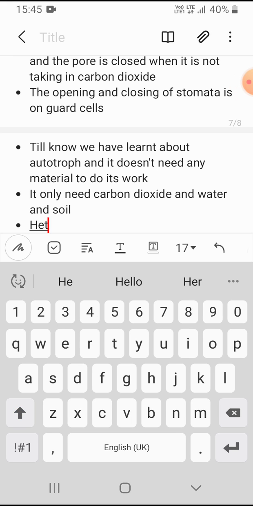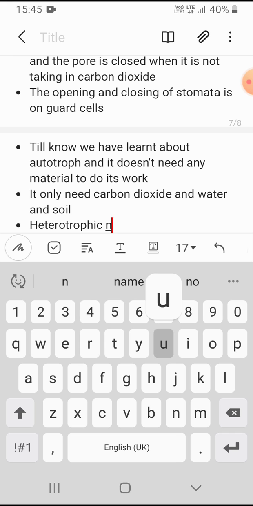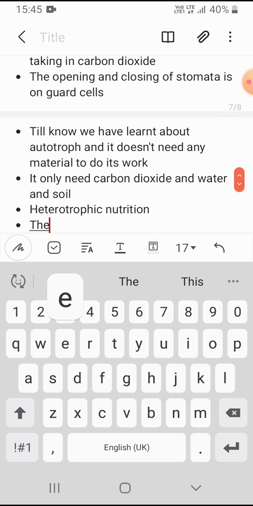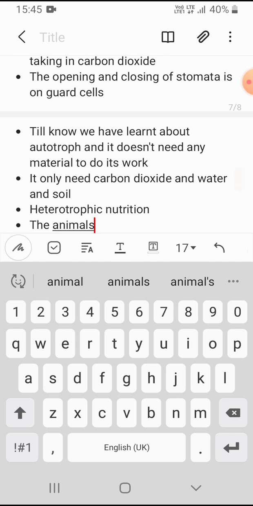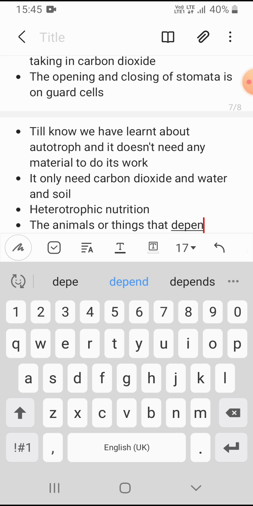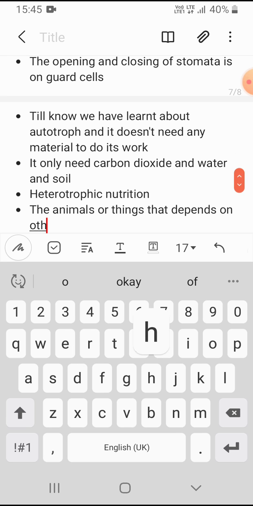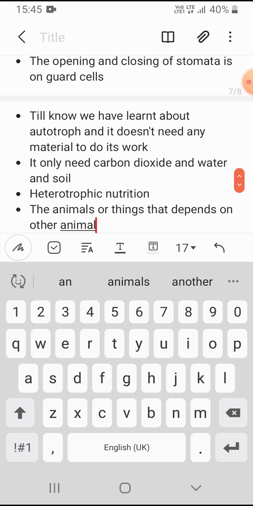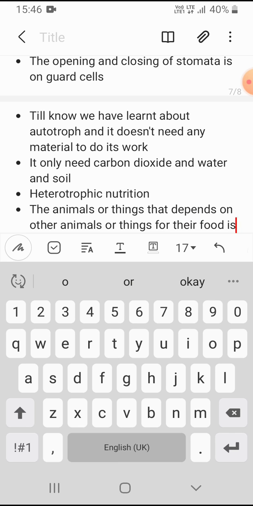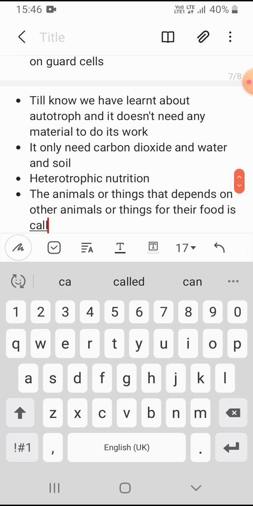And next is heterotrophic nutrition. Till now we have learnt about autotrophs. Let's know about animals or things that depend on other animals or things for their food; they are called heterotrophs.